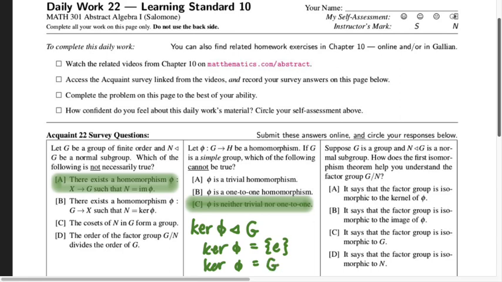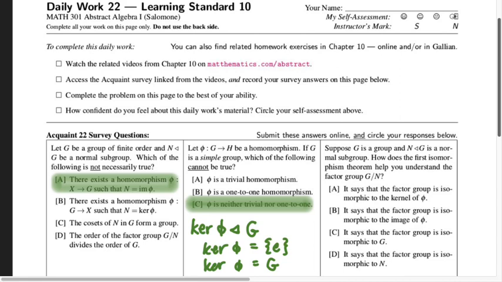The whole group. So tell me, if the kernel is the whole group G, then what is the homomorphism phi? What is it doing? Remember, what does kernel mean? It sends things to the identity.